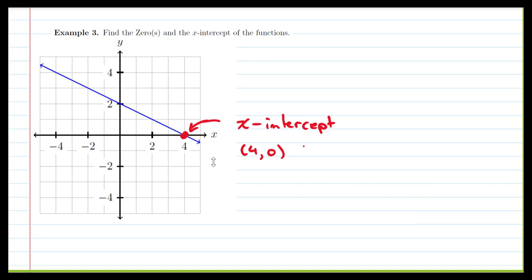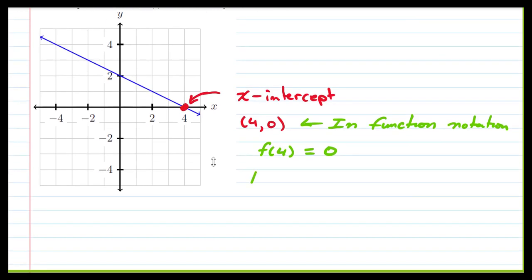If I write this in function notation, it says if I input 4, my corresponding output is 0. So then the 0 is x equals 4.